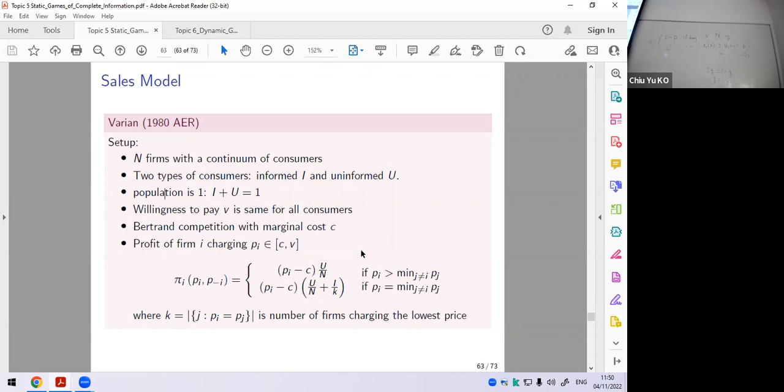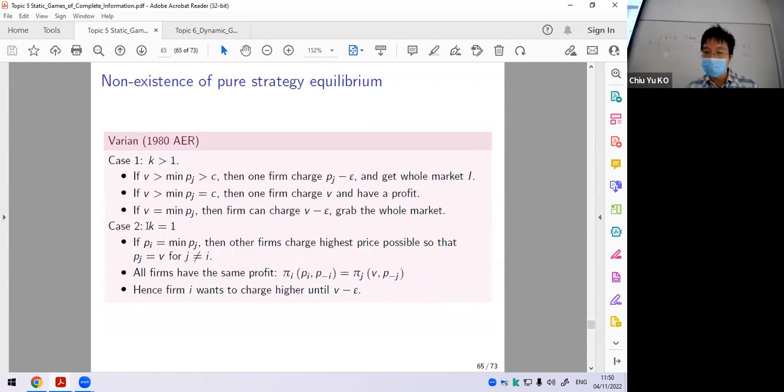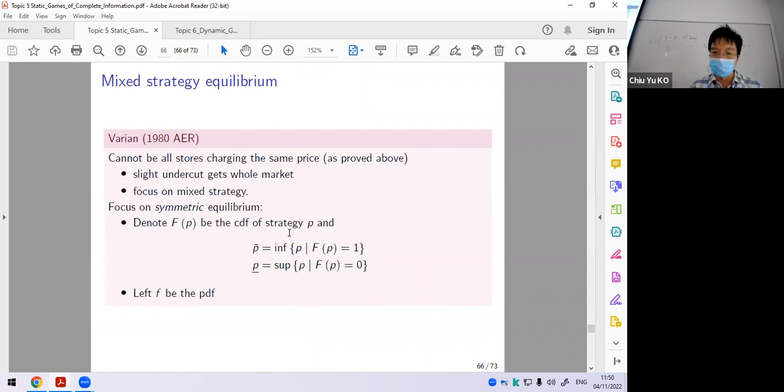It doesn't matter which price I'm charging, but by all randomizing, we avoid the worst case scenario. But I'm not going to go into the proof, although the proof is very simple.